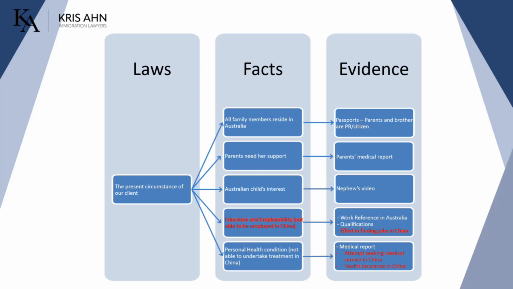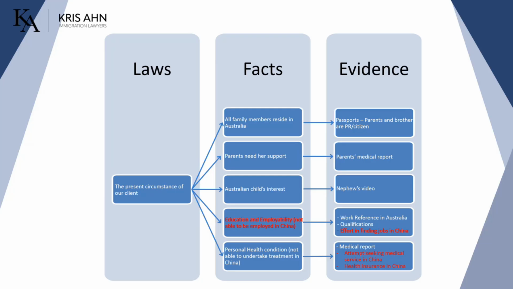We provided evidence showing that the brother is working in a full-time position, about 50 to 60 hours per week, and he has two dependent children to take care of. So that's extra evidence to support that my client is the only person who can provide medical support to their parents.